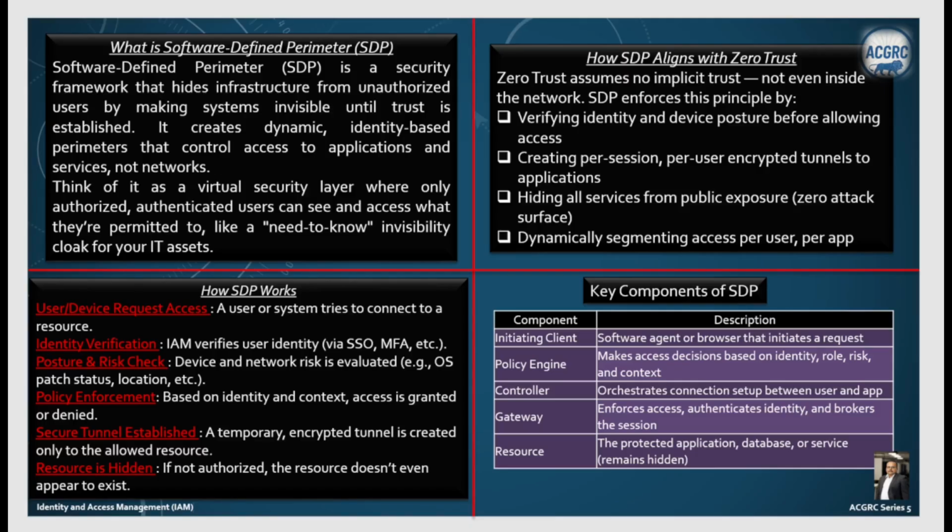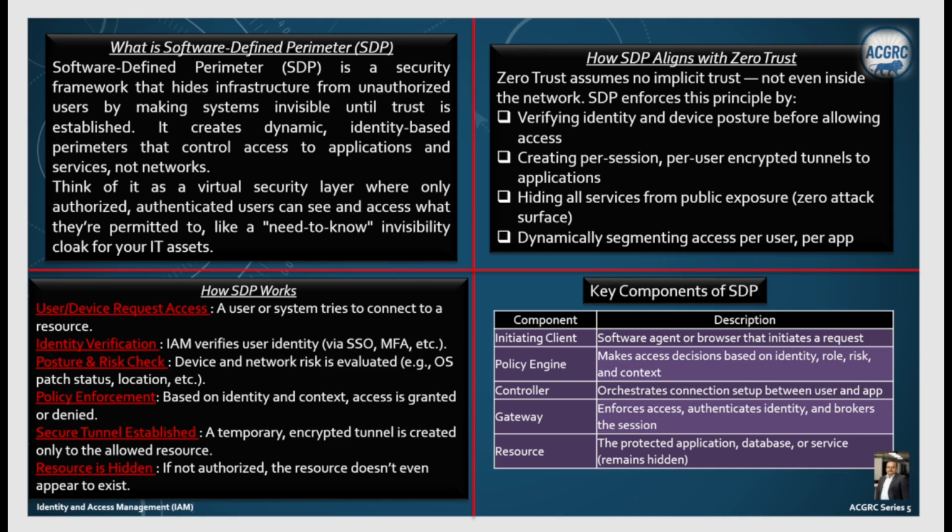Next is SDP, or software defined perimeter. Software defined perimeter is a security framework that hides infrastructure from unauthorized users by making systems invisible until trust is established.